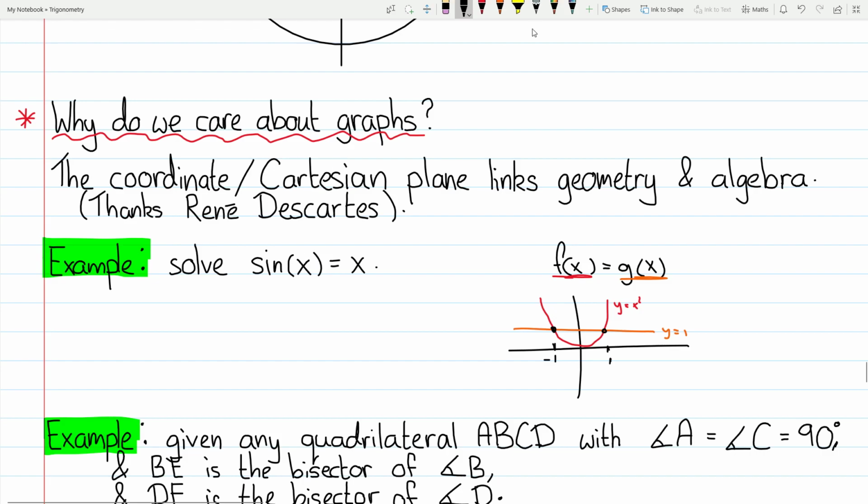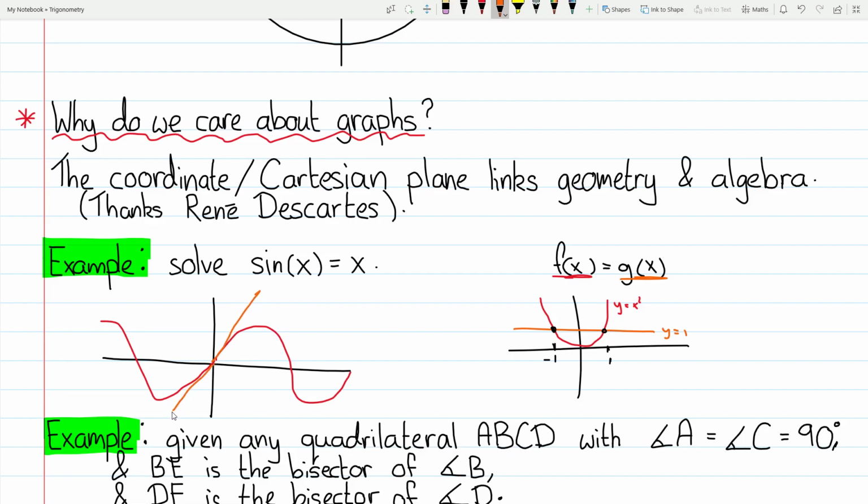So when I've got sine of x equals x, we'll notice that if we draw these two functions, sine looks like this. We can go in the negative direction as well. And y equals x looks like this. So the values at which sine of x equals x are precisely the values at which these two curves intersect.